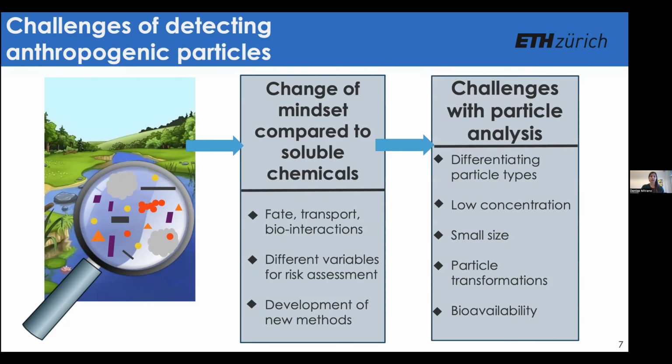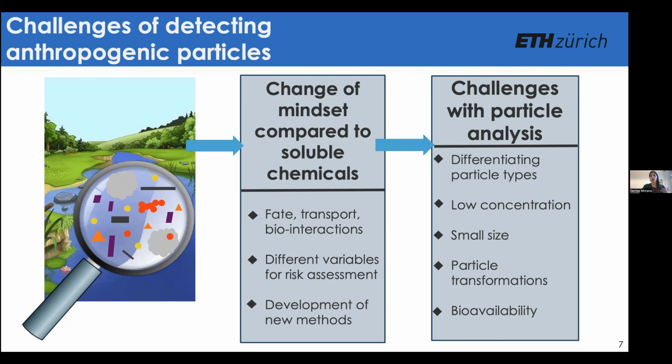So there's a lot of challenges with particle analysis in general, not only just plastics. We need to differentiate the particle types. So is it this actual anthropogenic particle, which we have in mind, or is it just a natural particle that's there? We oftentimes have very low concentrations. They're very small size, so we need to have very sensitive methods.